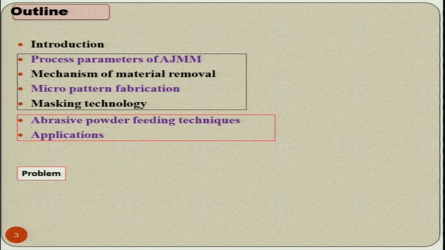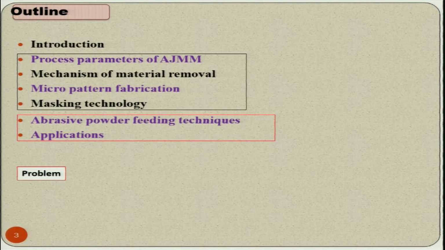When we are talking of abrasive jet micromachining, this masking technology becomes very important, and what are the various ways of preparing the masking, what are the various ways of feeding the abrasive particles, etc. We will discuss this. So, that will come under abrasive powder feeding techniques.